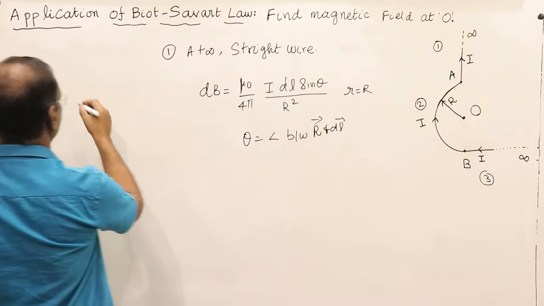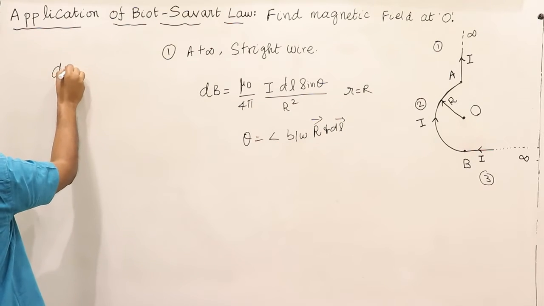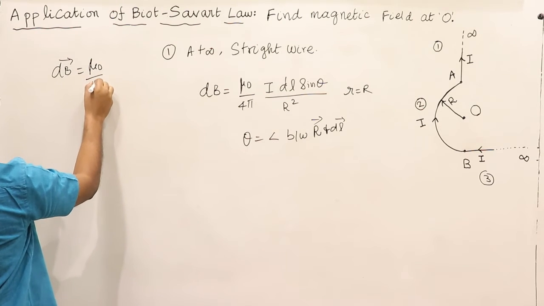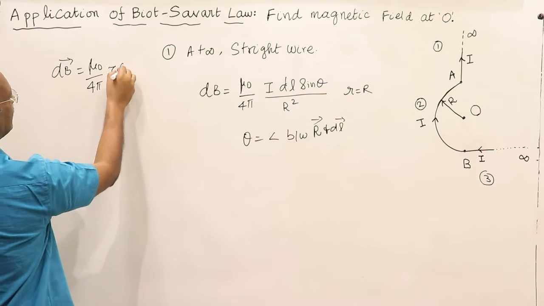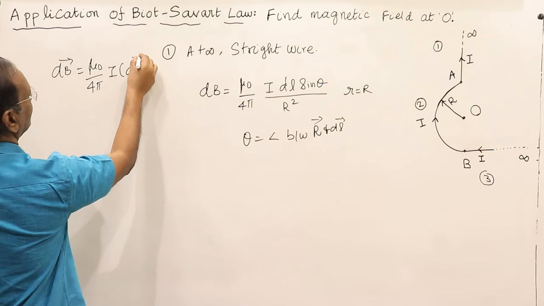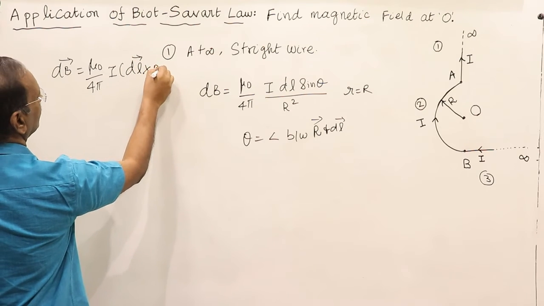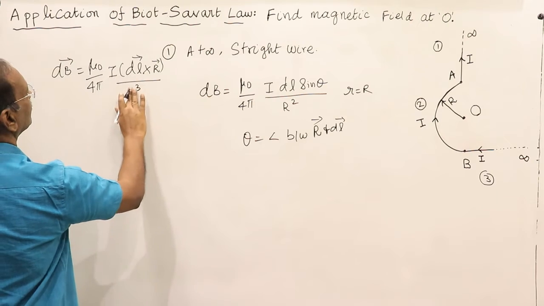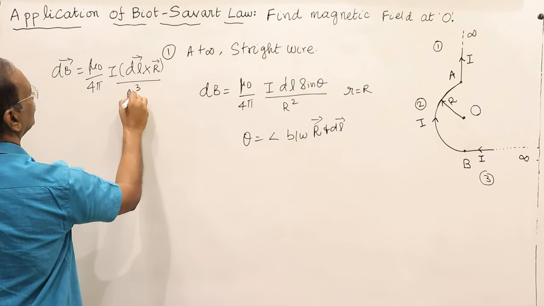Another form in which we can write dB in vector form is mu naught by 4 pi into I into dl vector cross r vector divided by r cube.